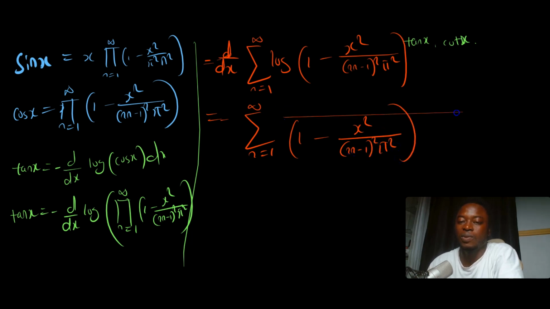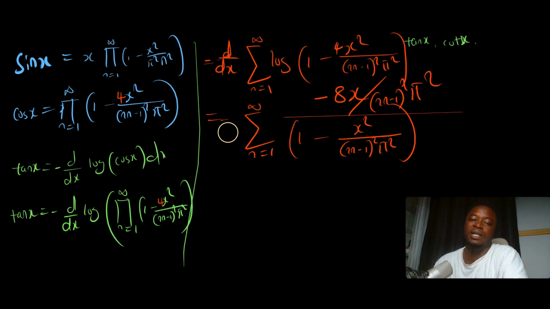Then at the top, I forgot that there's always going to be a 4 here, and a 4 here. So at the very top, you have negative 8x divided by (2n minus 1) squared pi squared. So the negatives cancel out.